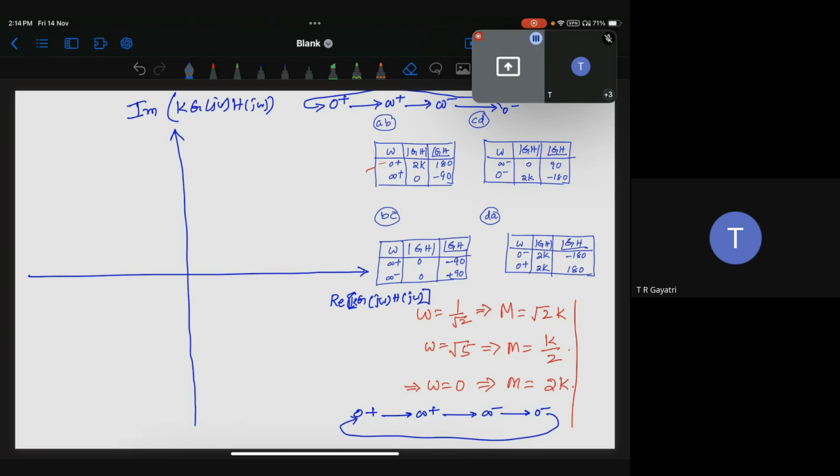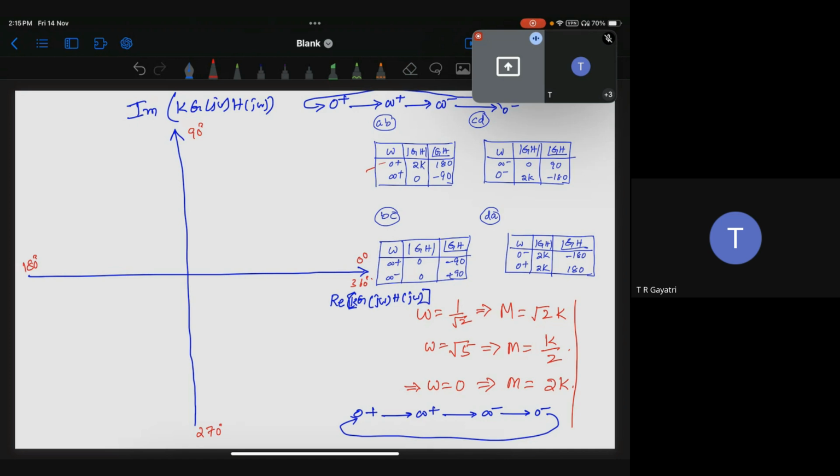So 2K, what is the angle? The angle is -180. Remember that. Let me explain the angles once again. Positive angles are anti-clockwise. This is 0 degree, this is 90 degree, this is 180 degree, this is 270 degree, and again this is 360 degree.